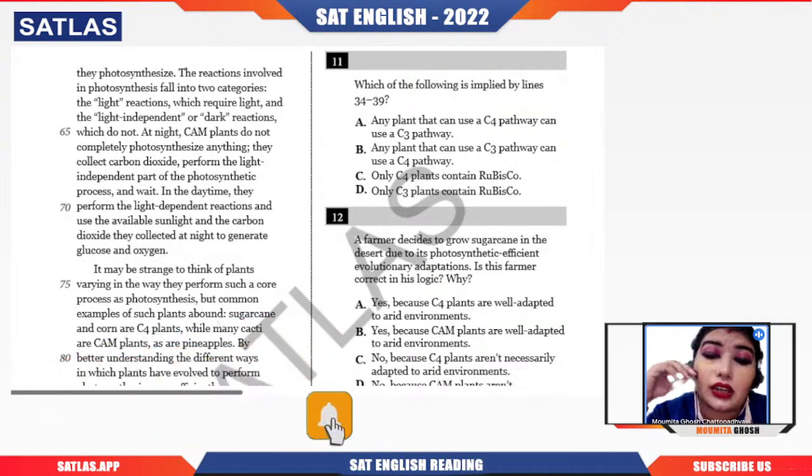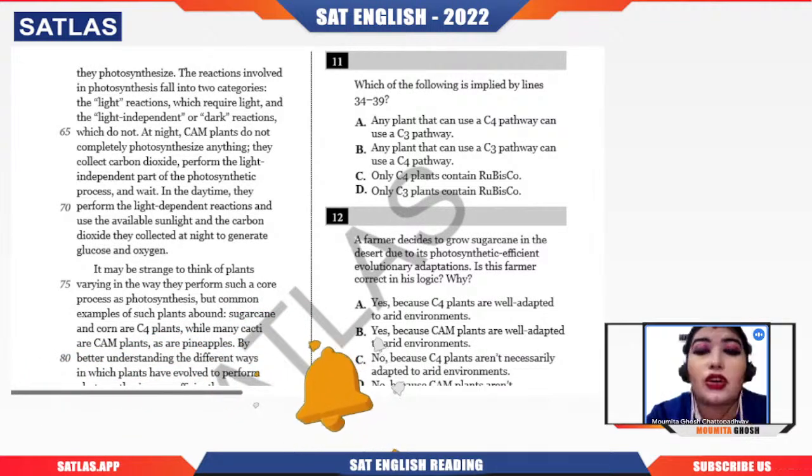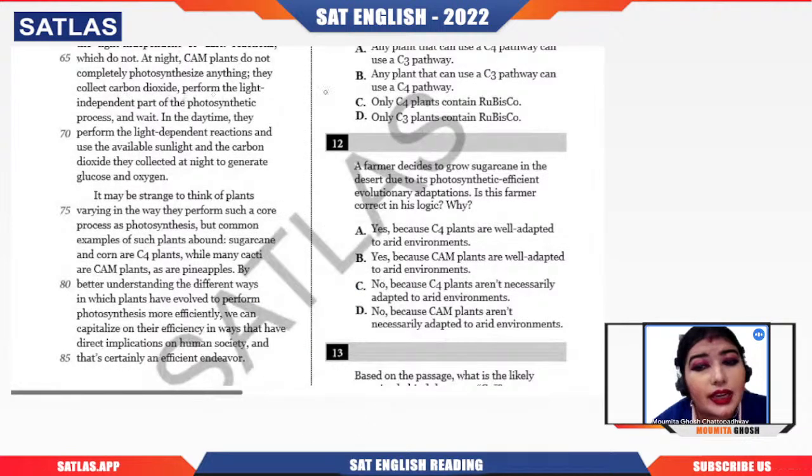At night, CAM plants do not completely photosynthesize anything. They collect carbon dioxide and perform the light independent part of the photosynthetic process and wait. In the daytime, they perform the light dependent reactions. So in the case of CAM plants, photosynthesis occurs in two variations, a two type or ambivalent process: sometimes in the daytime, and sometimes at night.